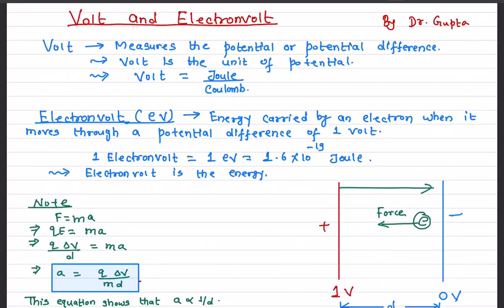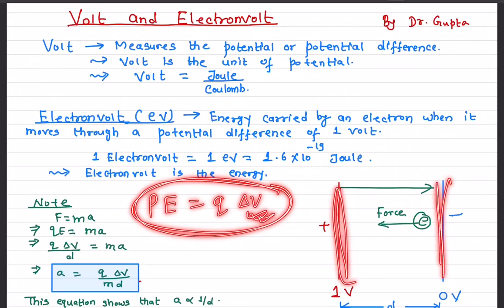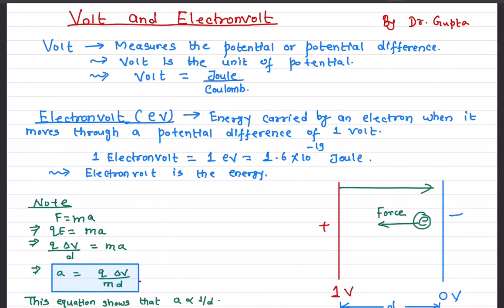And how do you calculate the value of 1 electron volt? If you recall, the potential energy in an electric field is given by Q times delta V, where delta V is the potential difference. In this case, what is the potential difference here? This is the 1 volt. What is Q? Q is the charge of an electron. Let me write it down here.